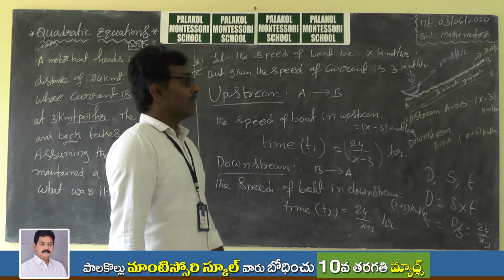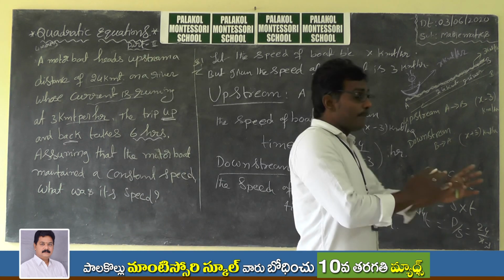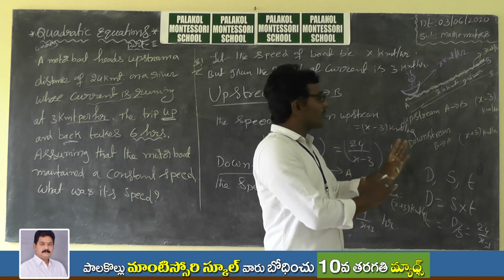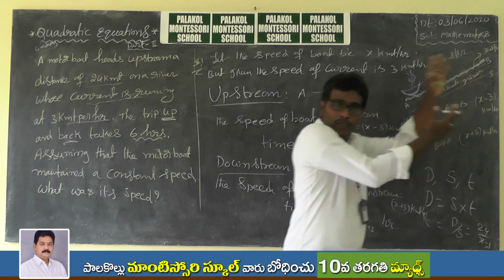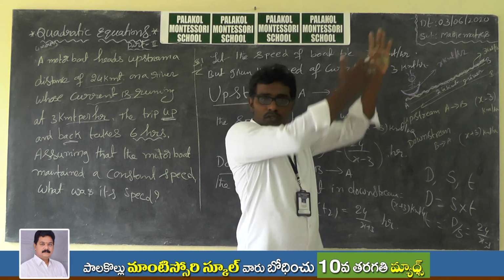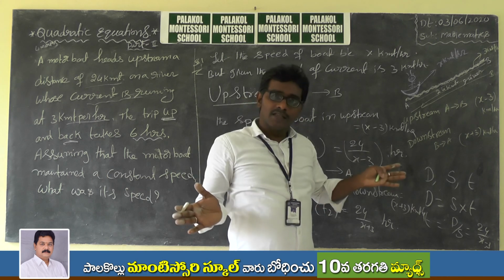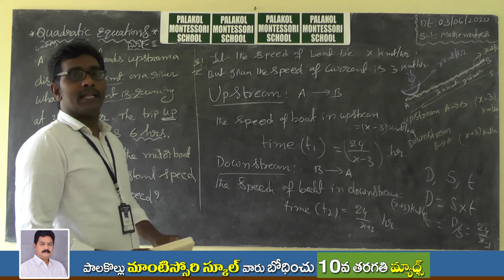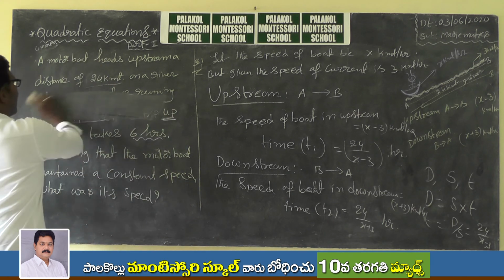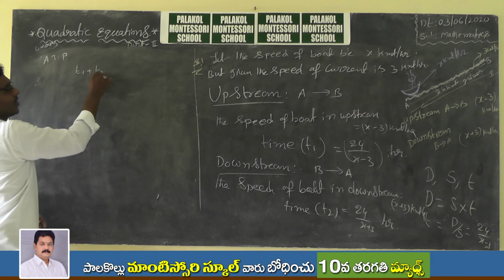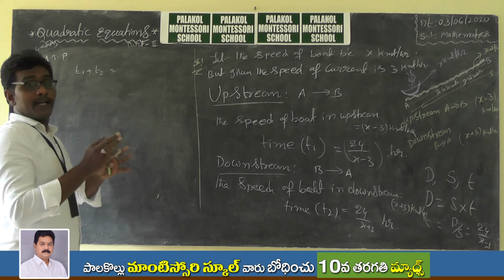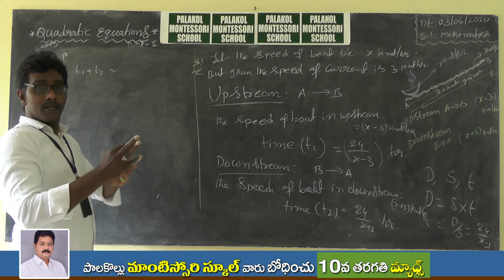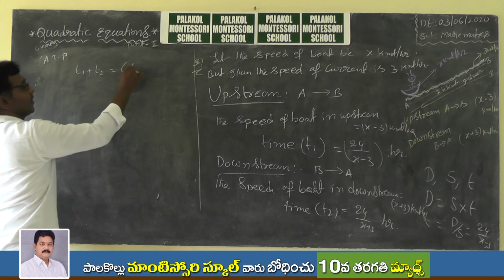By the problem, the boat completes the trip. That means the boat moves A to B, B to A, up to down, completing the trip. So in that situation the boat time taken is 6 hours. So I write simply T1 plus T2 is equal to the boat time taken A to B and B to A, that is 6 hours.